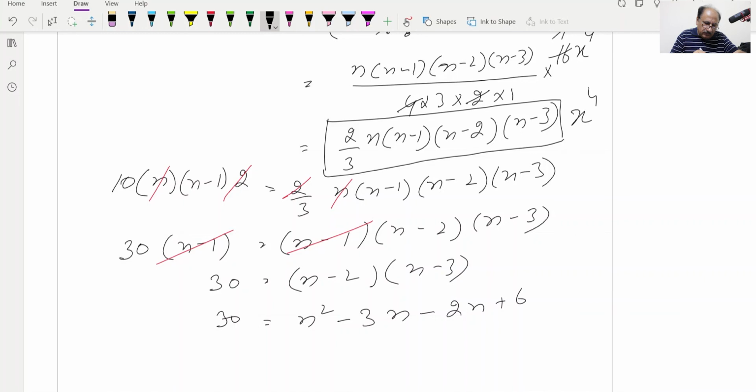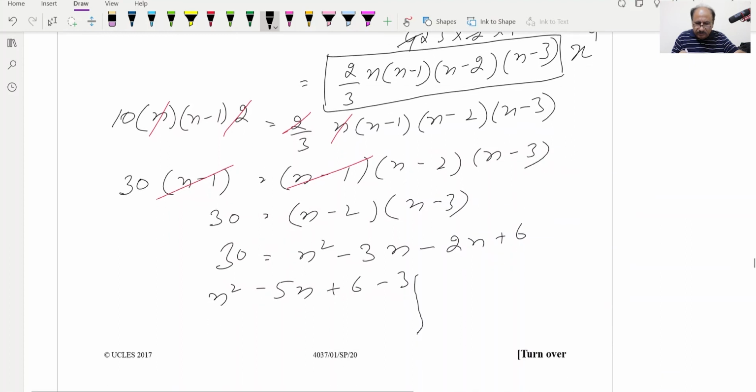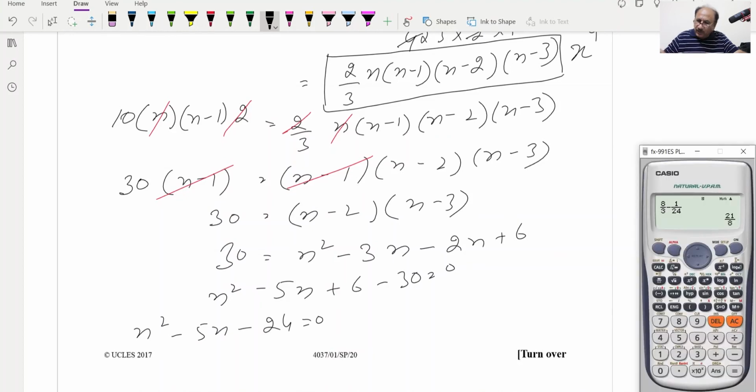Now we can write it in quadratic equation format. So n square, and minus 3n minus 2n will be minus 5n, and plus 6, and 30 also we can shift to the other side, so minus 30 is equal to 0, and the final quadratic equation will be n squared minus 5n minus 24 is equal to 0, and we can factorize this.